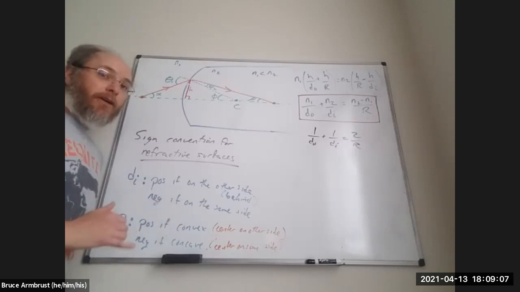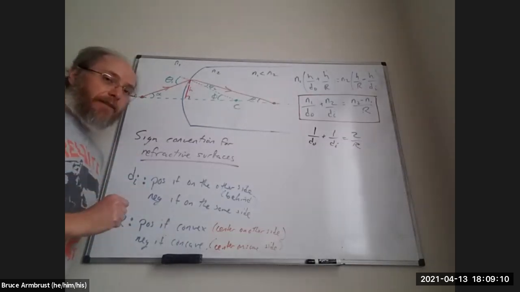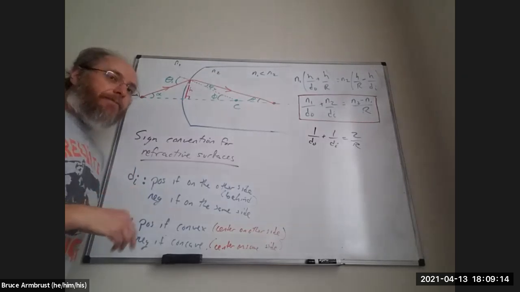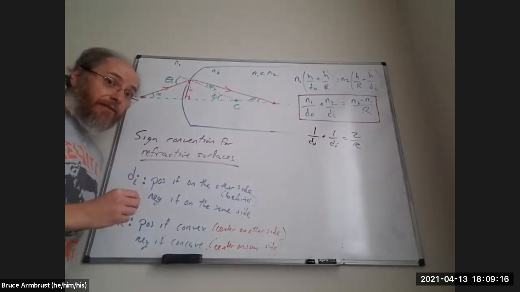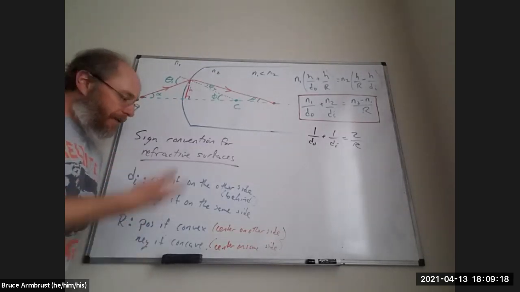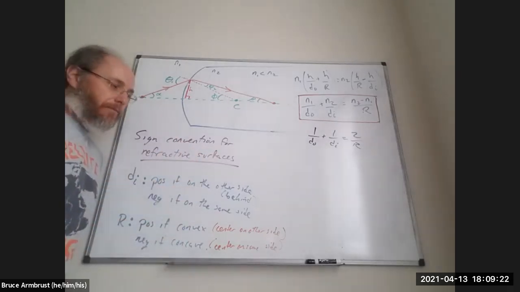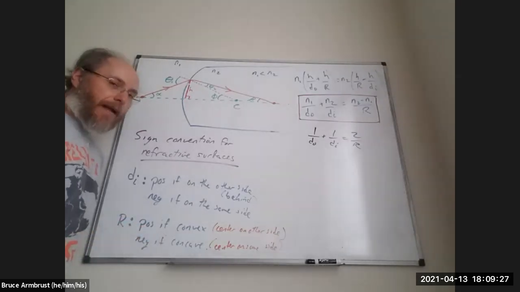But like I said, it all comes from real means positive, virtual means negative. And if you use that as the overriding rule, it forces this kind of convention for refractive surfaces.